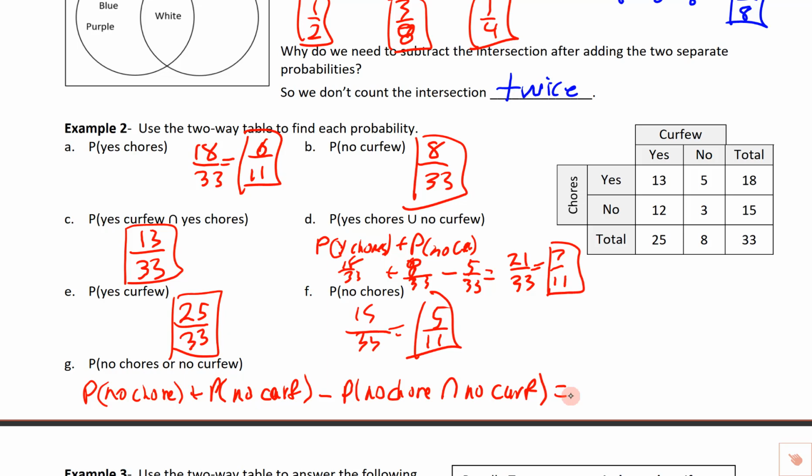Who wants to raise their hand and tell us the answer? Luke, what do you got? 20 out of 33.